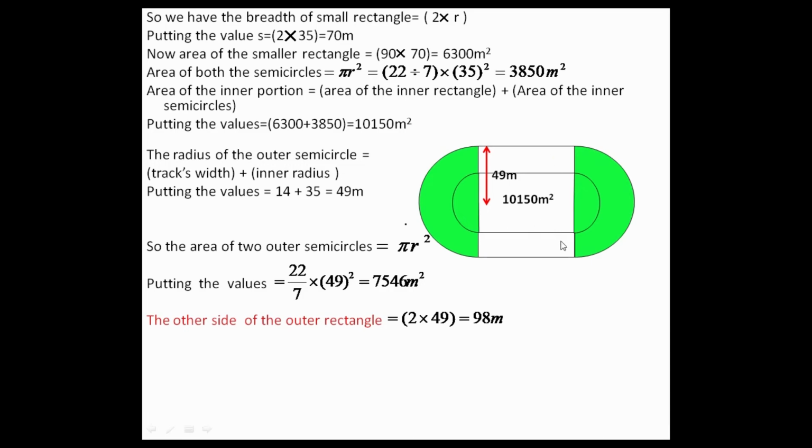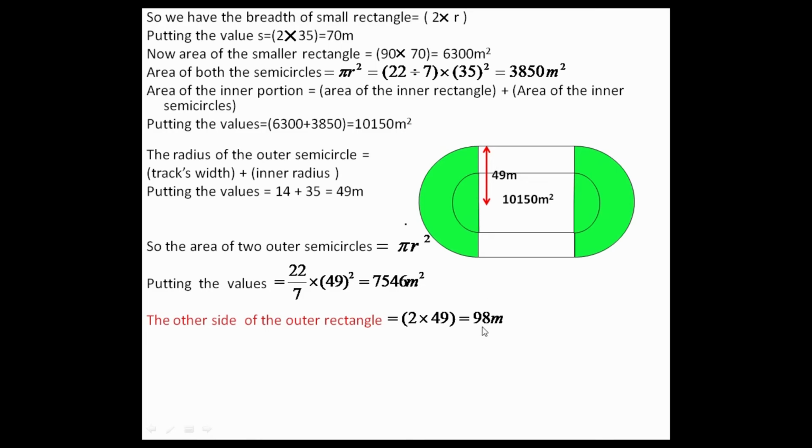Now we know one side of the outer rectangle, which is 90 meter, given in the question. We know that the straight portion of the track is 90 meter, but we don't know the other side of the rectangle. Similarly, as we did while carrying out the inner portion's area, we will do the same steps here. We will multiply the radius by 2.